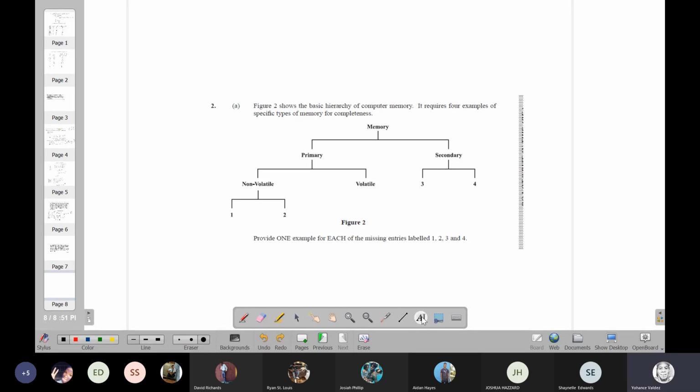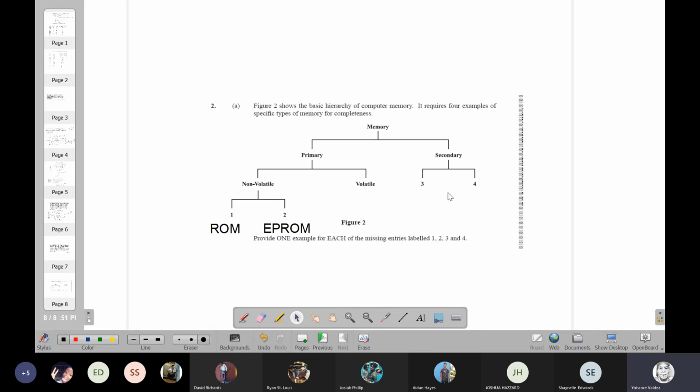This is a Form 5 question. ROM and EEPROM. Okay, so ROM is 1 and EEPROM is another.